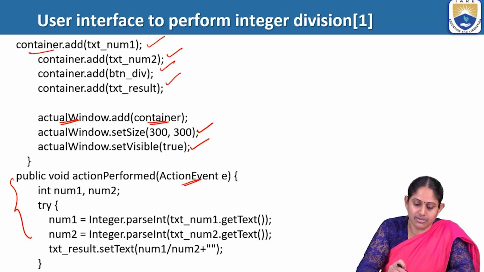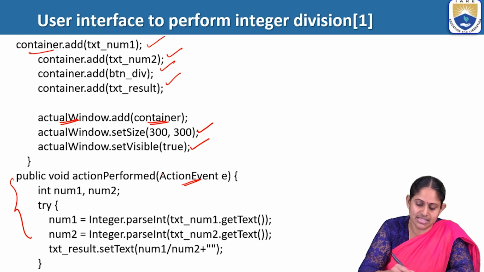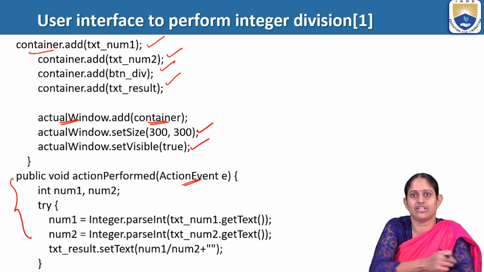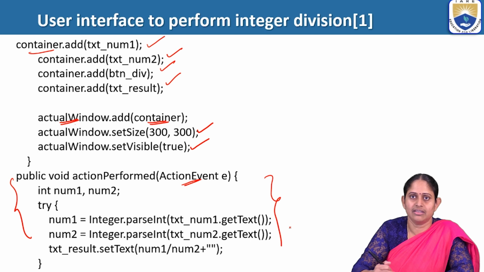It will check whether there is any implementation for that particular event. Here we see that this actionPerformed method is listening for that event to occur. So when that event occurs, this whole part, the body of the actionPerformed method, will be executed.